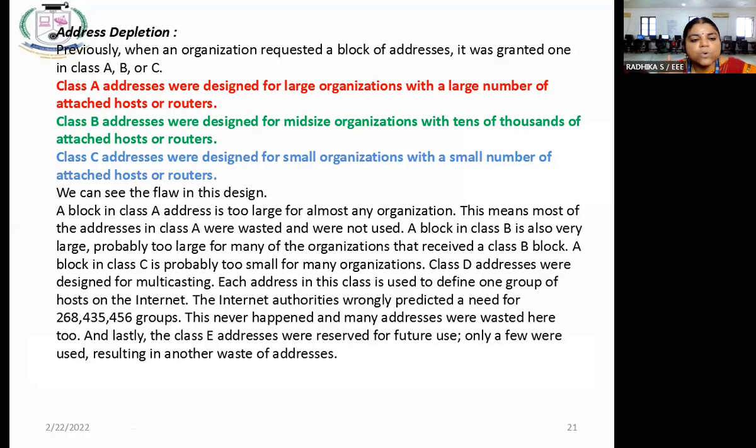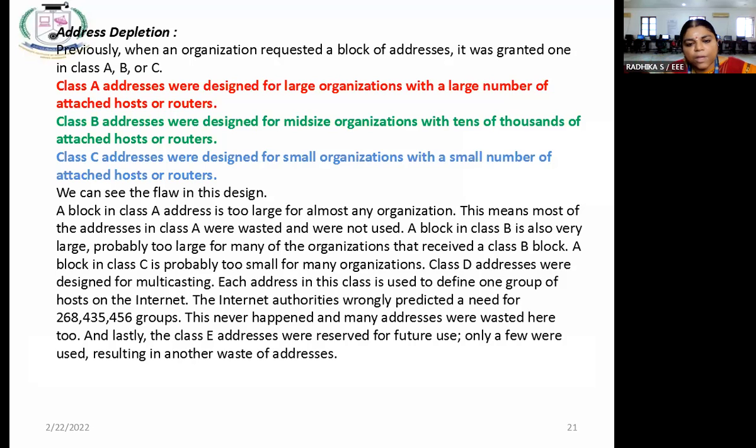Again, when it comes to class C addressing, they found that it is not suitable for many organizations. The size of the suffix is too small for many organizations.